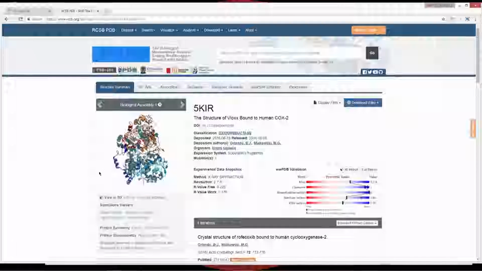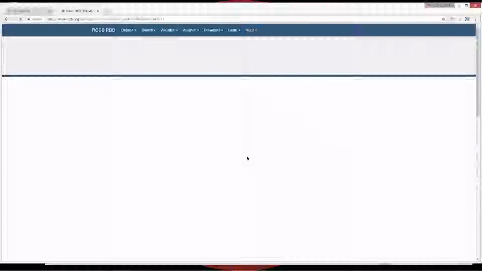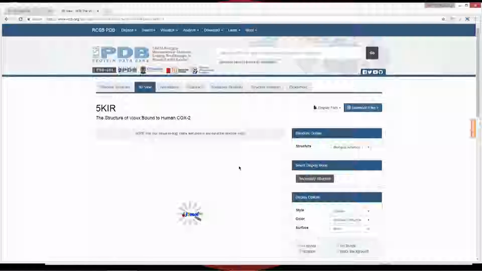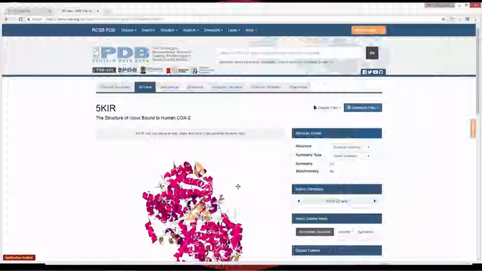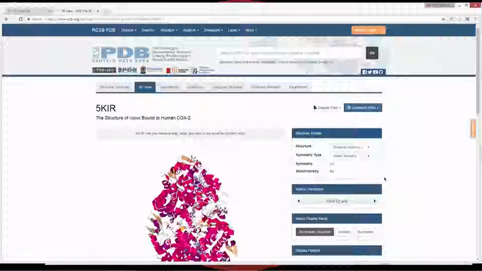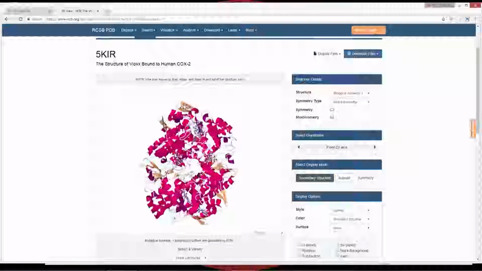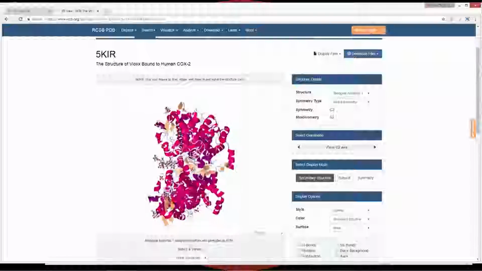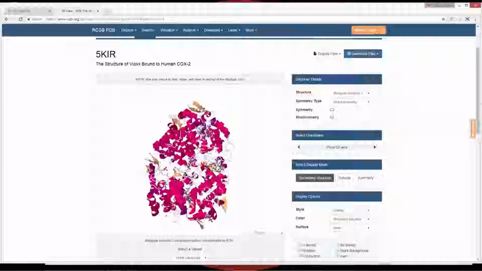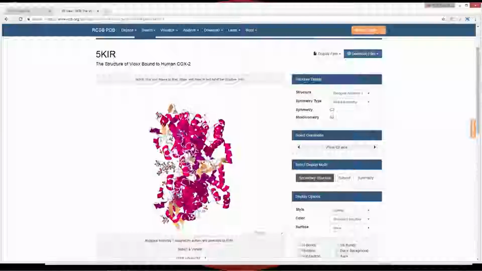This is a selective cyclooxygenase 2 drug which is bound to that protein. When they crystallize this protein, they put in this molecule and then perform the crystallization. So, the advantage is when we crystallize, we will know where this particular molecule is present. So, we will know the active site pocket and so on.